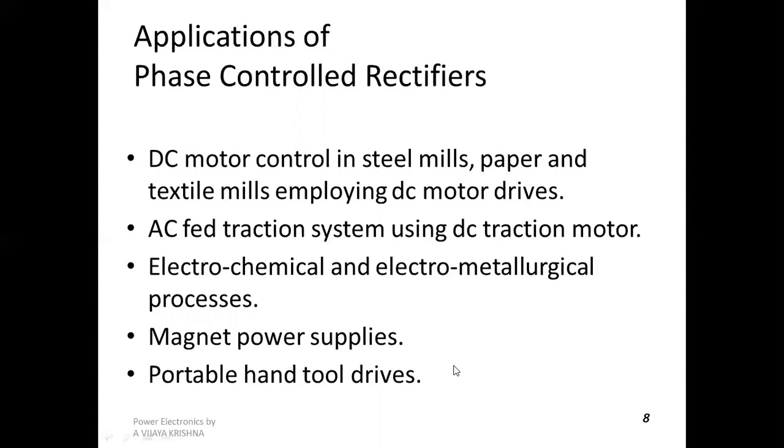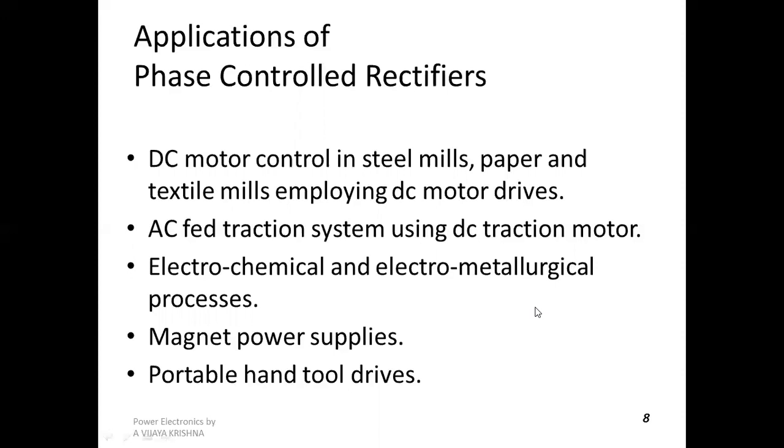Next one, electrochemical and electrometallurgical processes, magnetic power supplies and portable hand tool drives. These are some more applications for phase control rectifiers. In earlier days, DC power was obtained from motor generator sets, with no phase control rectifiers.